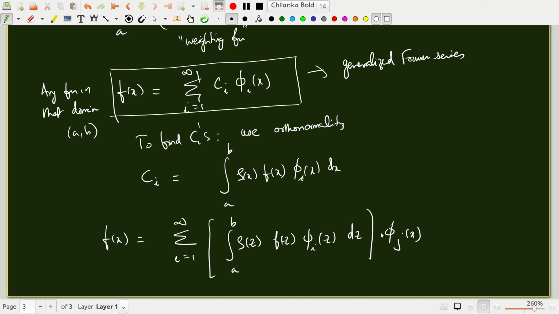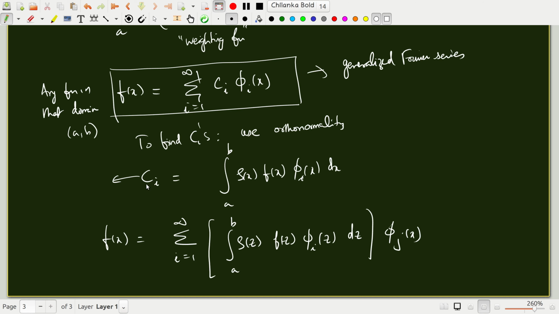Okay, so this is the general expression for a function expressed in terms of eigenfunctions. Okay, so these are the coefficients of expansion similar to the Fourier coefficients.